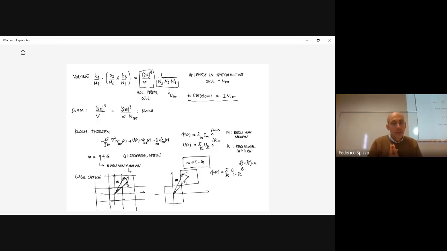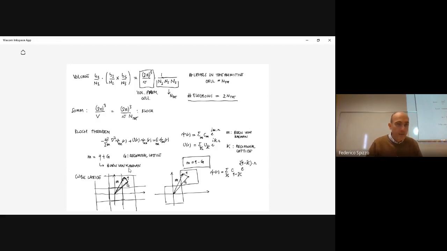In general, all the cells are equivalent with each other. So there's no best primitive cell or worst primitive cell. So in this picture, you may choose as a reference the cell that is at the origin, the first primitive cell, and you may always consider that Q is within that cell.